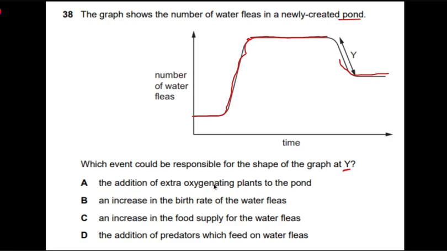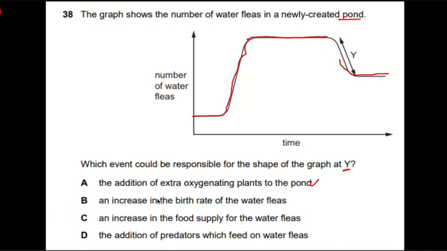When there is extra addition of plants, these plants also depend on oxygen. So there is going to be competition in terms of the absorption of oxygen. We are going to find that these flies decrease in number because some are going to die due to the depletion of oxygen, which is hypoxia. So we can choose this one here.